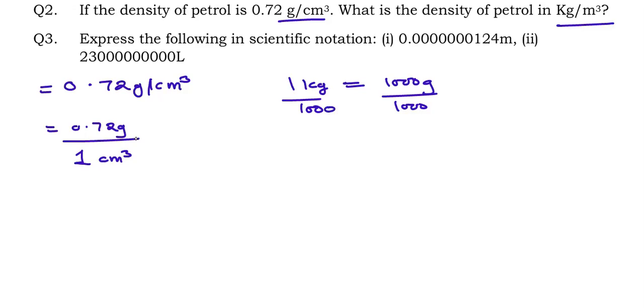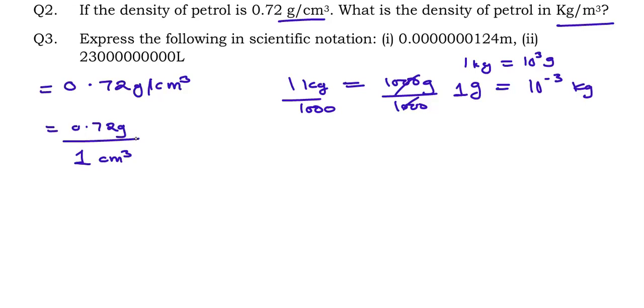So that means 1 gram is equal to 1 over 1000, which is the same as 10 to the power negative 3 kg. This is how we convert. This is the conversion factor of 1 gram. 1 kg is equal to 10 to the power positive 3 grams. Why positive? Because kg is bigger than grams. This is how you convert.